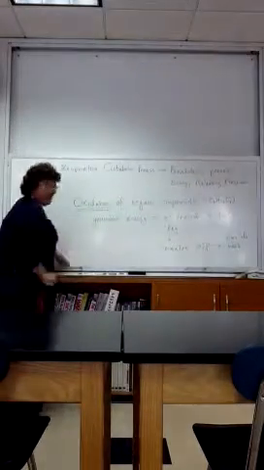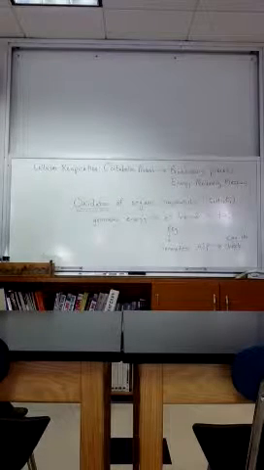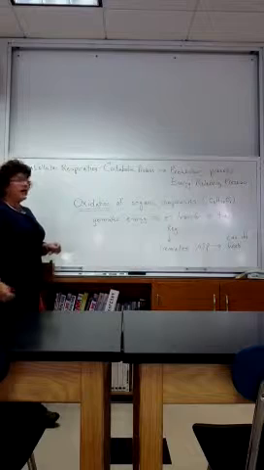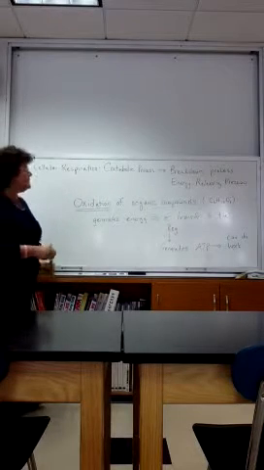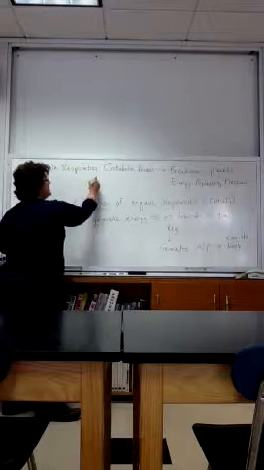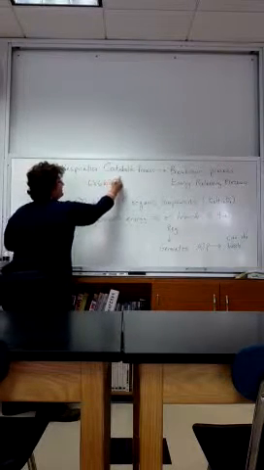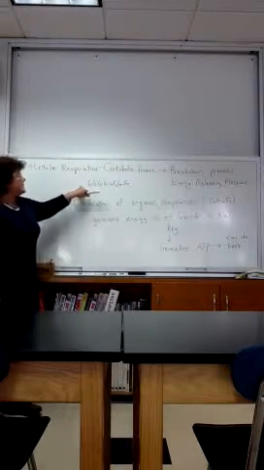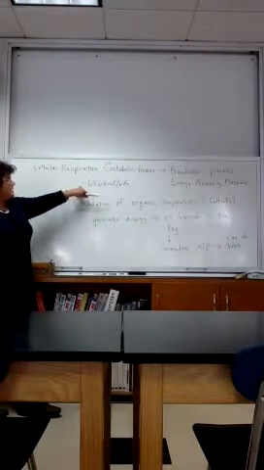Cellular respiration is a catabolic process, which means it's a breakdown process and it's an energy releasing process. How much energy is actually released in this process? 686 kilocalories per mole of glucose, okay? Notice it's an exergonic reaction.